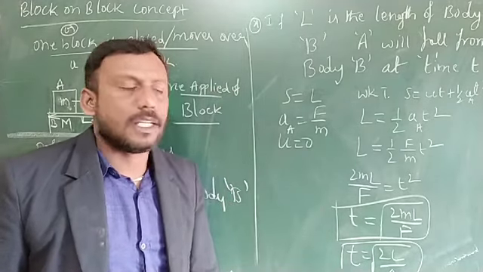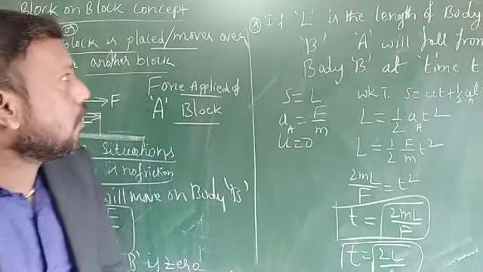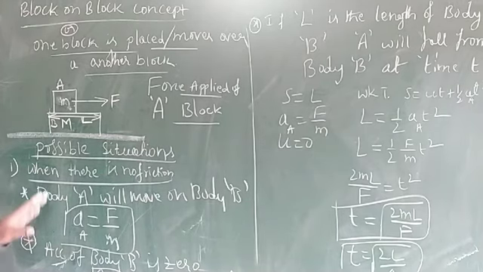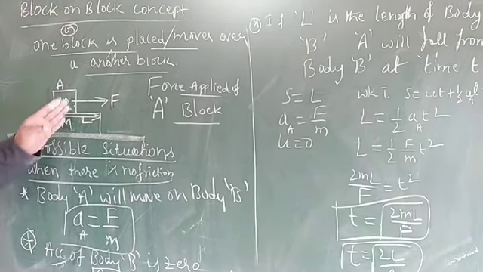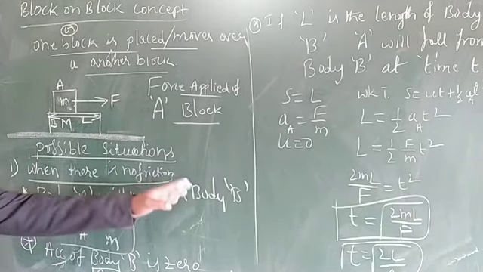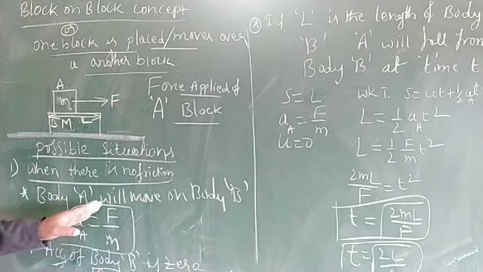Okay, this is the equation for the first possible situation, when there is no friction between the surfaces. If we apply a force on body A, it will move over body B with some acceleration a equal to F divided by small m.